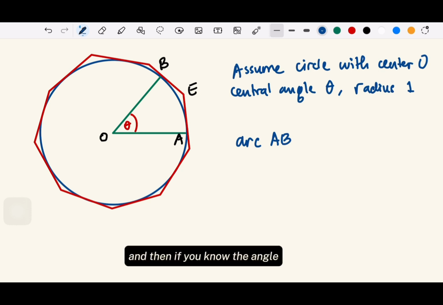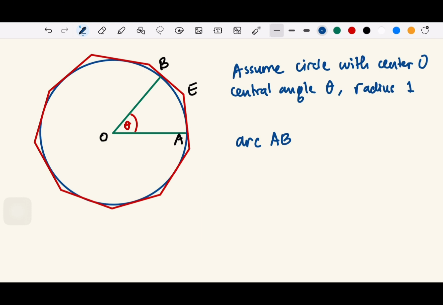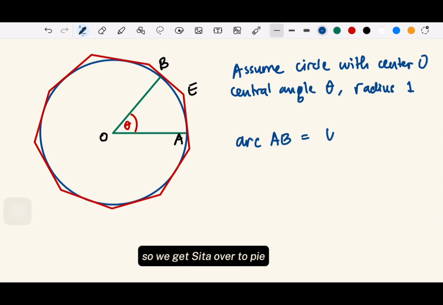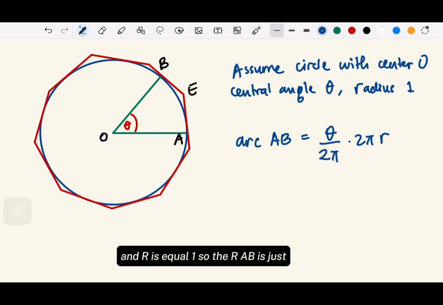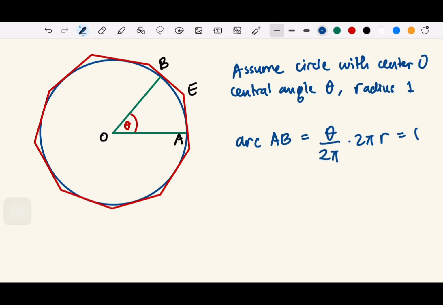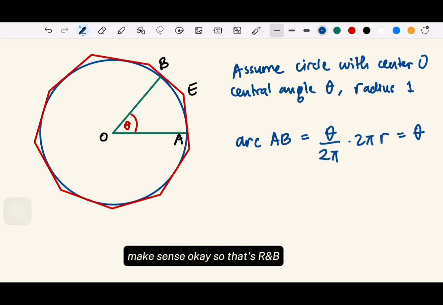And then, if we know the angle, we know the ratio of this angle compared with the full circle. What is the full circle? 2 pi, right? So we get theta over 2 pi. And r is equal to 1. So the arc AB is just theta. Okay, make sense? So that's arc AB.